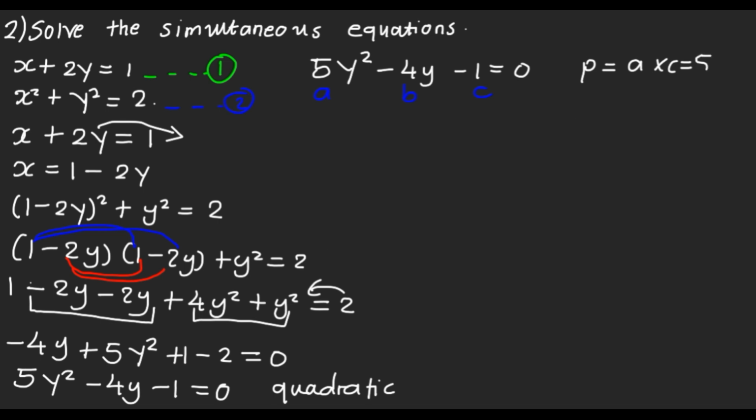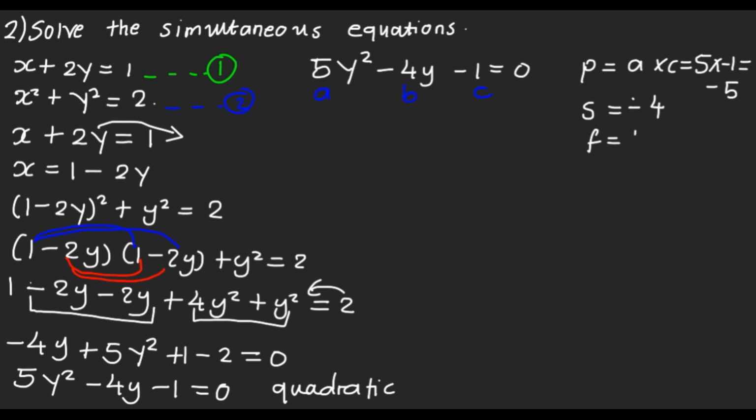So 5 multiplied by negative 1 must be equal to negative 5. Then sum. So sum is just the coefficient of y, which is negative 4. Then the factors. So for the factors, for prime numbers, with the two factors, the 1 and the number itself, the factors are 1 and the number.